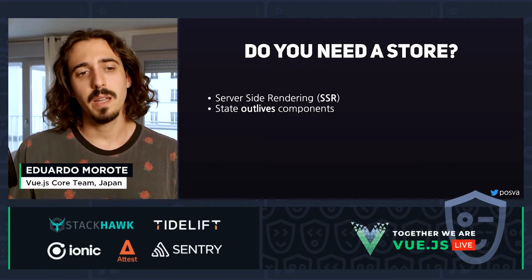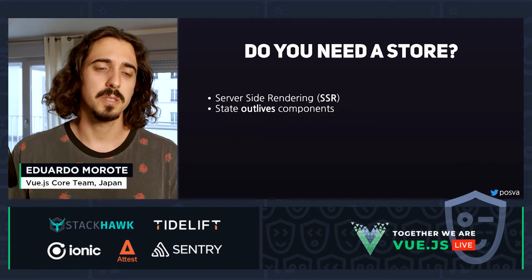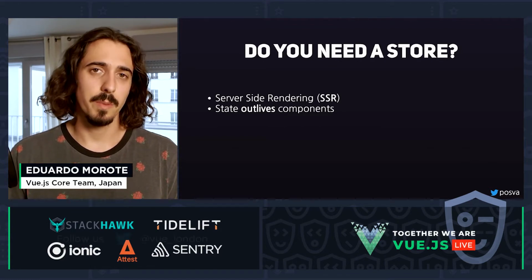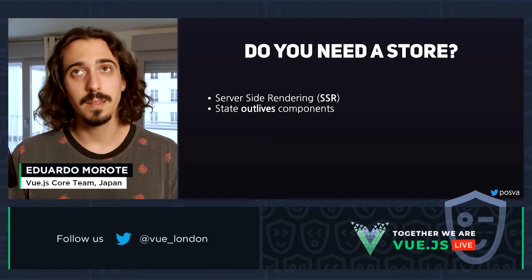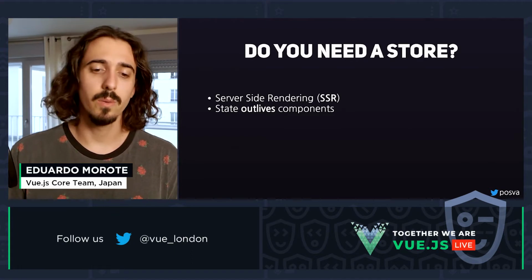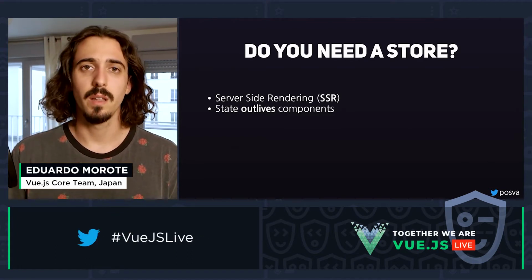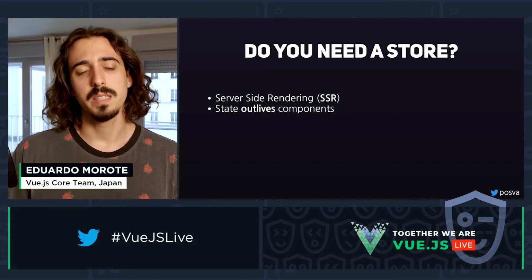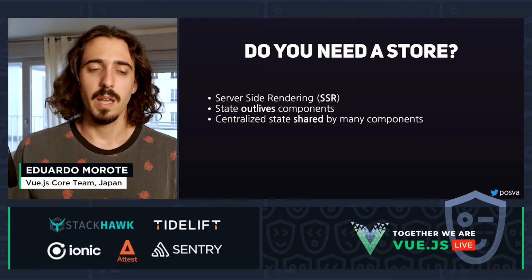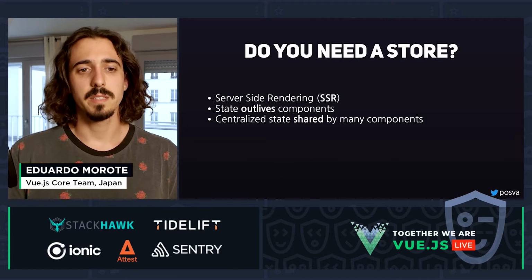So you also have state outliving components. This pretty much comes out of the box for state management solutions as well, but depending on how and where you want to instantiate the global state, it's not something that always comes in. And then you have the centralized state shared by many components.